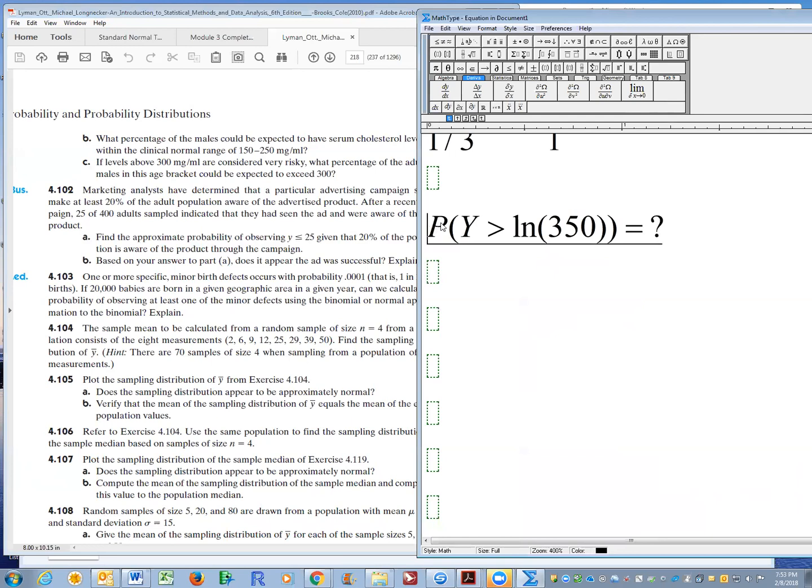I think what's happening is you might be rounding too early. So if you punch this into your calculator, take it out, say to 4 or 5 significant digits, or maybe more than that. Well, actually, it's not 350, it's 300. Sorry. Oh, 300. Okay.